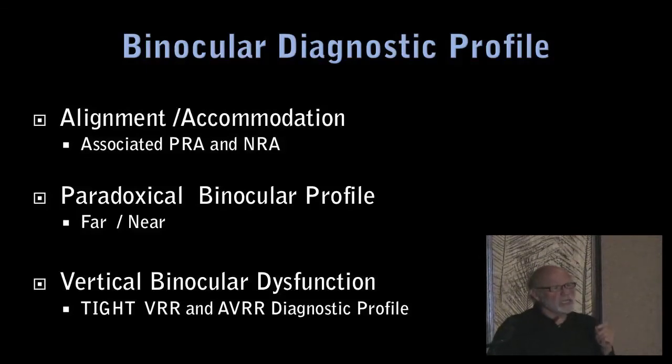When you look at vertical binocular dysfunction, there is very little slop in the system between the associated divergence measure and the classic divergence measure.